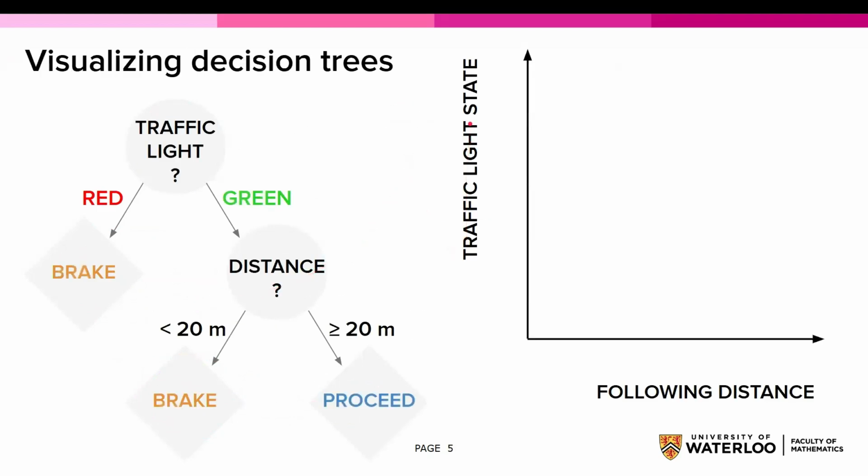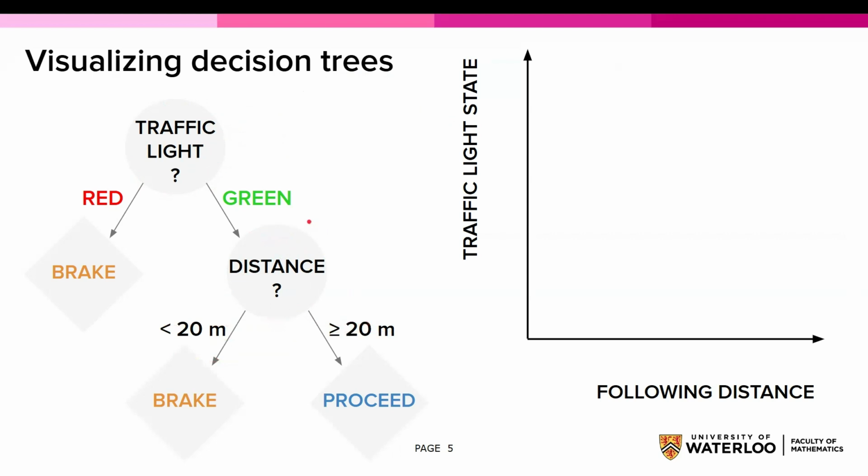We can tie this back to the kinds of models that we're used to seeing in this course. We can visualize the behavior of the decision tree based on the features in the nodes. In this case of a decision tree for the vehicle at the intersection, the two key features are the state of the traffic light, which was red or green, and the following distance from the car ahead, which was actually a continuous value.